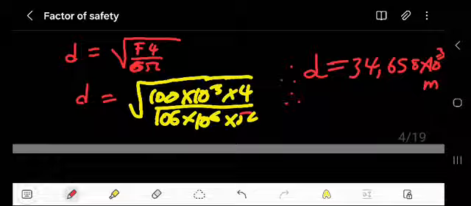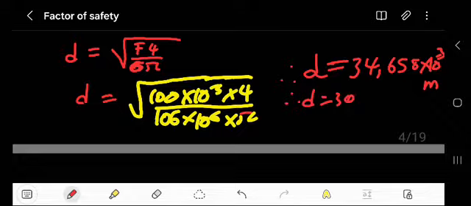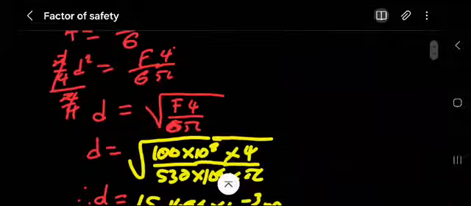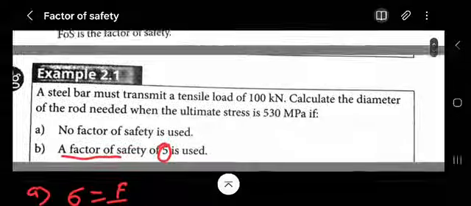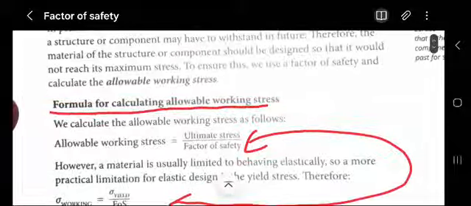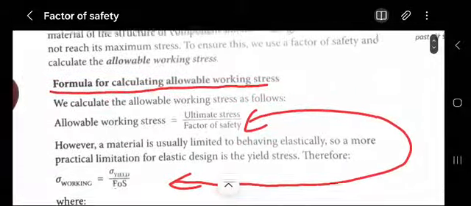Then in millimeter it is 34.658 millimeter. So this is how we go about applying our factor of safety, how we calculate with our factor of safety.